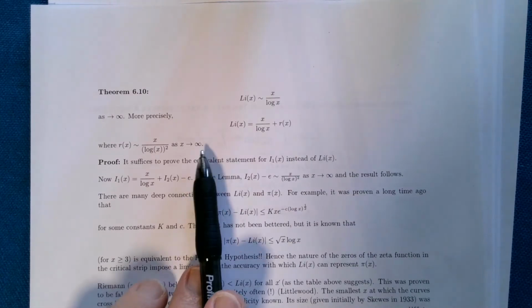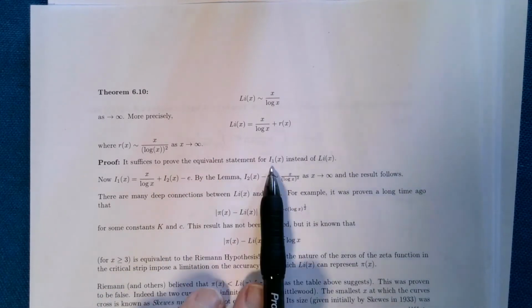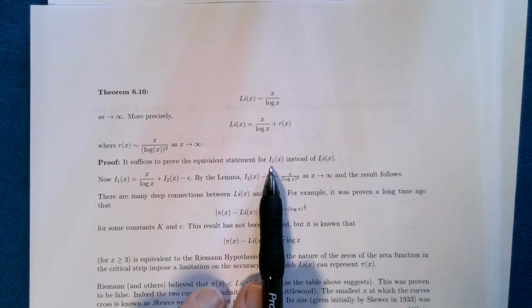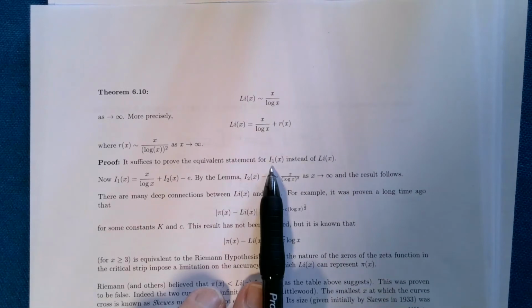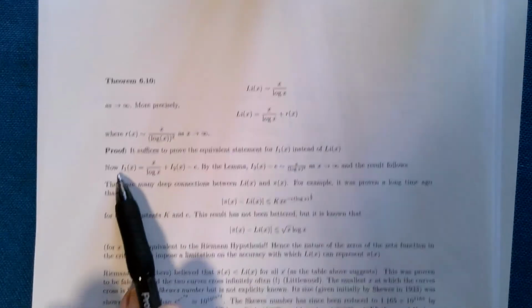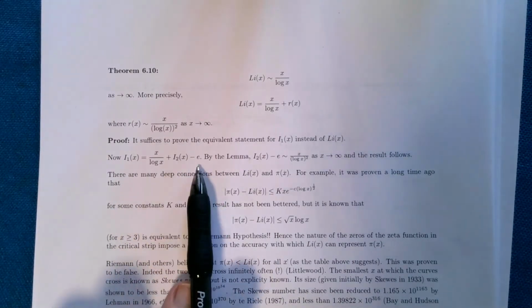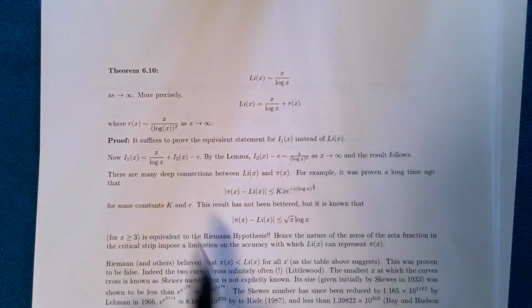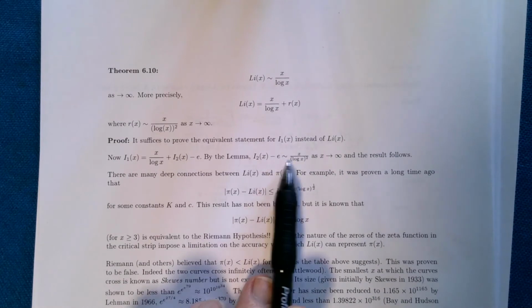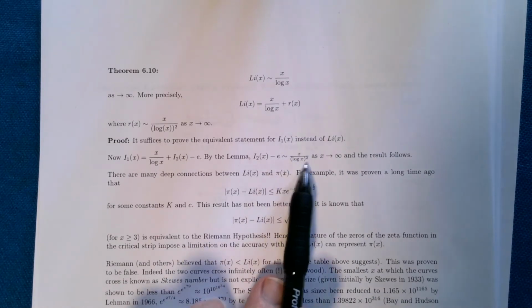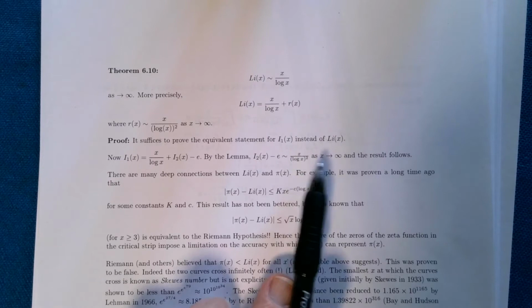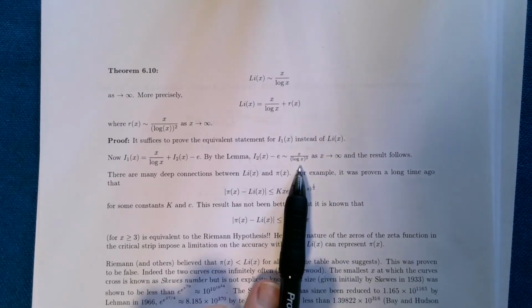Now it suffices to prove the equivalent statement for I_1 instead of Li(x), where we've just replaced the 2 with an e, and so I'm going to work with I_1. So I_1, using the recurrence we had before, I_1 of x is x on log x plus I_2 minus e, and by the lemma this I_2 minus e is roughly x on log of x squared as x goes to infinity, and then the result clearly follows.